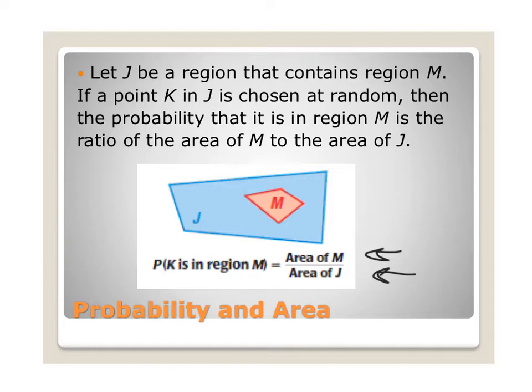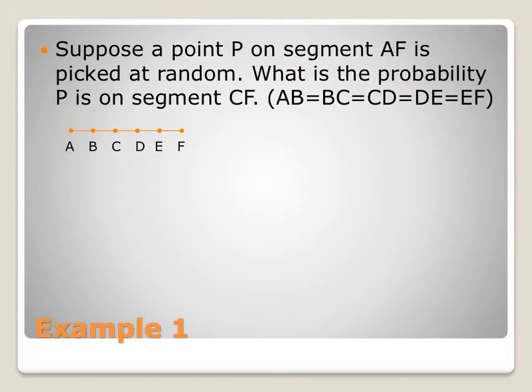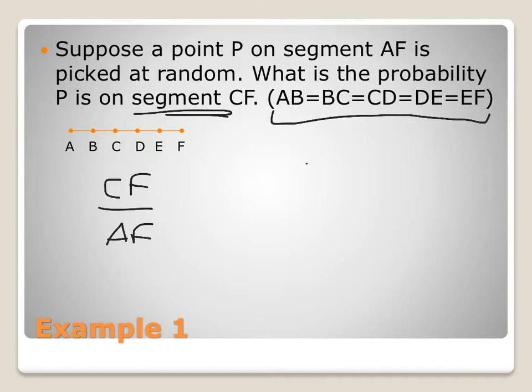Okay. Next, now we're going to go back to the segment. It says, suppose a point P on segment AF is picked at random. What is the probability that P is on segment CF? So what we're trying to do here is find the length of CF over the length of AF. Now, we don't have any numbers here, but we do have this statement saying that each one of these are congruent.